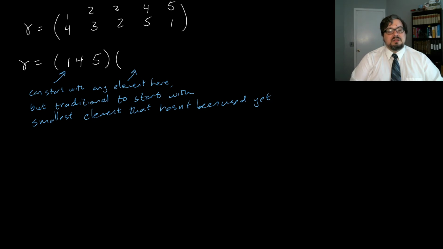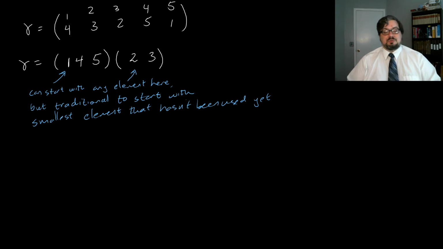So at this point, we say, all right, we've described what happens to 1, 4, and 5 under gamma. So what's the smallest number we haven't described? And that's 2. So we'll start our next cycle with 2, and we say, all right, well, where does 2 get sent? 2 gets sent to 3. And 3 gets sent back to 2.